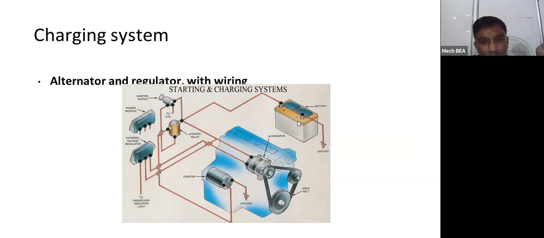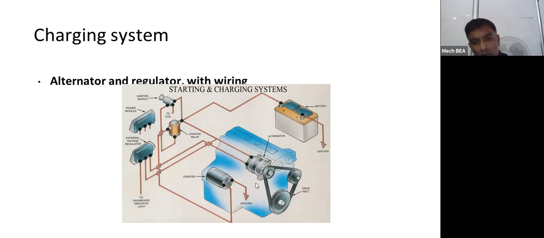In the starting system, this is the battery. This battery is connected through this ignition switch to this starter, or we can call it a starting motor. With the help of this starting motor, we can start the engine.